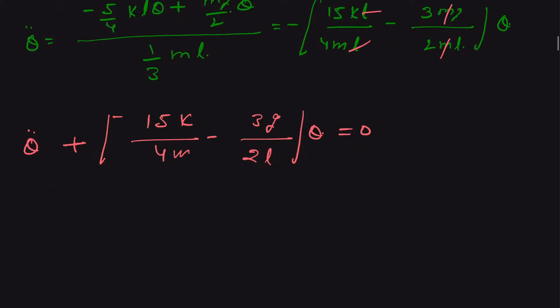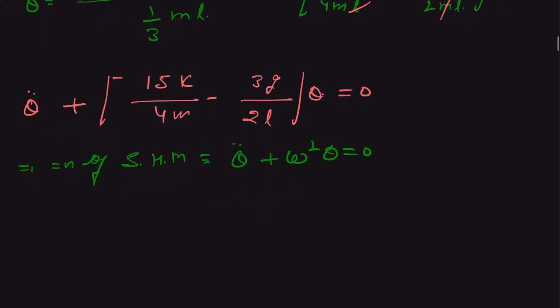This is nothing but the equation of SHM. The general equation of SHM we can write is the double derivative of theta plus omega square theta equal to 0. Therefore, if you make a one-to-one comparison, we can write that our angular frequency omega will be equal to the square root of 15k over 4m minus 3g over 2L.